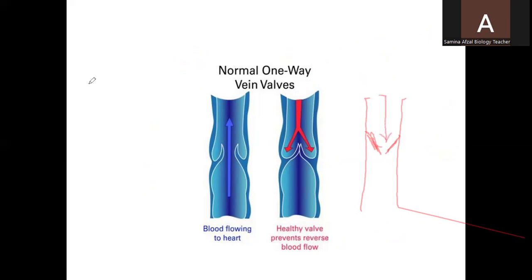Blood can flow only in this direction, the downward direction. But if blood wants to go back in the upward direction, they will be closed. So in this way, it will not be possible for the blood to go in the backward direction. So blood can only flow in the direction in which the valves will be open.